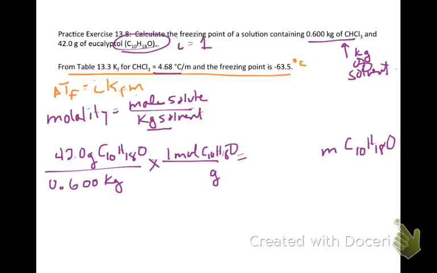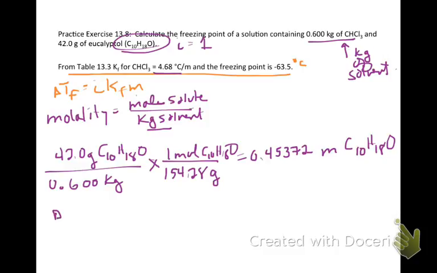So, let's see, 10 times 12.01 plus 18 times 1.008 plus 16.00. I get a molar mass of 154.28. So I get a molality of 0.45372.